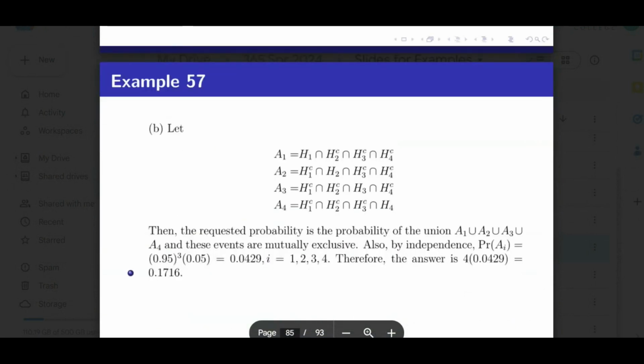So what Maggie said, and actually what Sachi said, it's two steps. First, you do this. But do you realize that when you say this, you are saying the first 3 were not, only the last one. But for one thing to happen, this could happen in 4 ways. Like that.